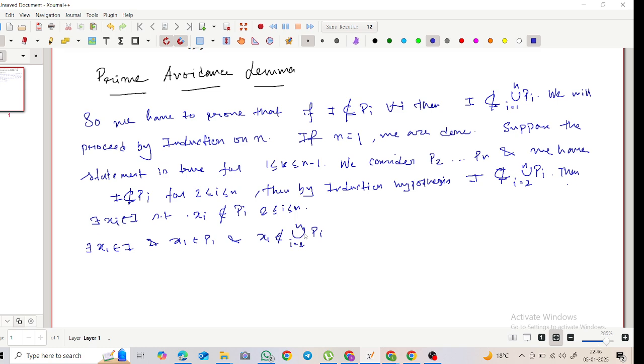Why should that happen? Basically, you choose one x1 belonging to I. So x1 cannot be in all the Pi's. I mean x1 is not in the union, right? So you take P1, I is not in P1, so there exists x1 such that x1 is not in P1.